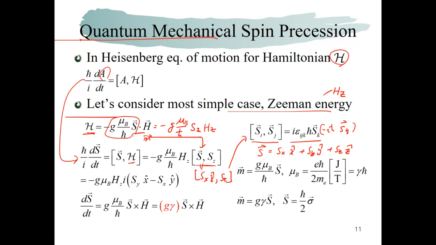And for S_y and S_z, it should be the minus sign. If we are using this commutation relation, we can obtain something here.